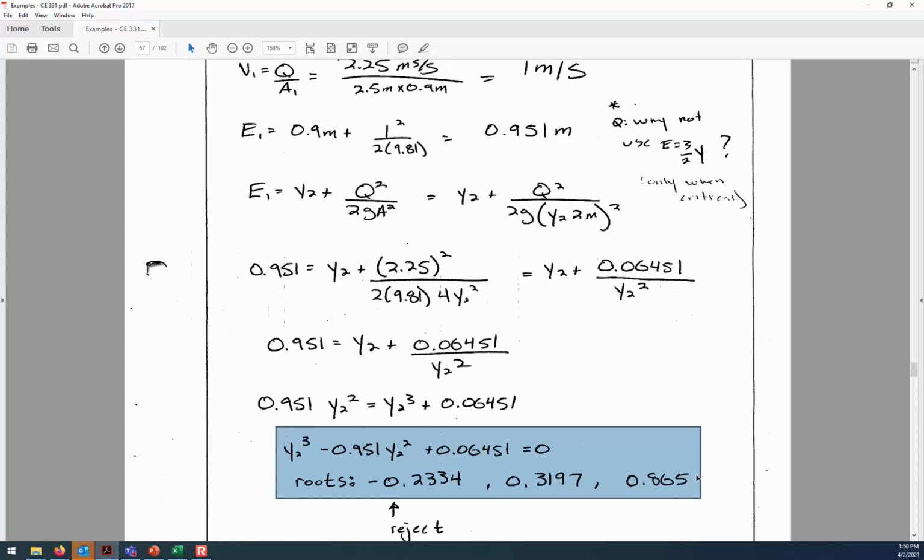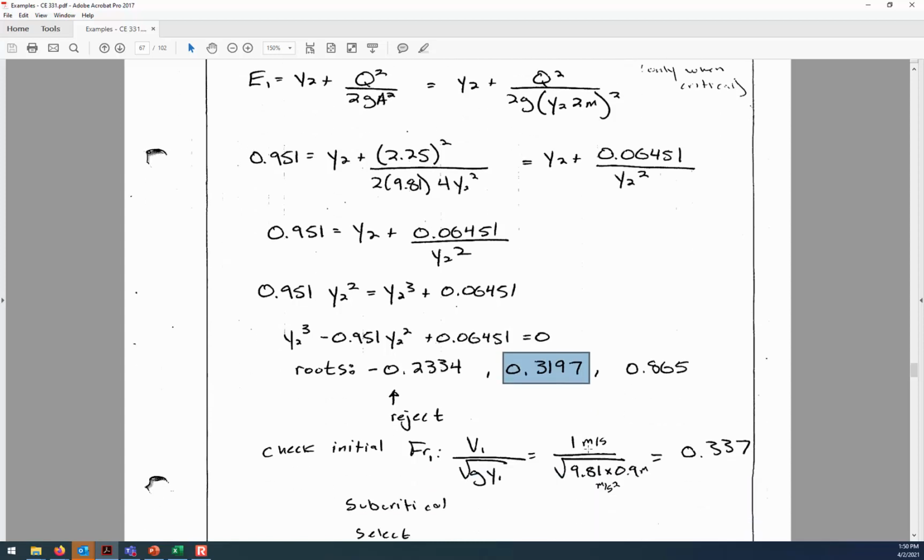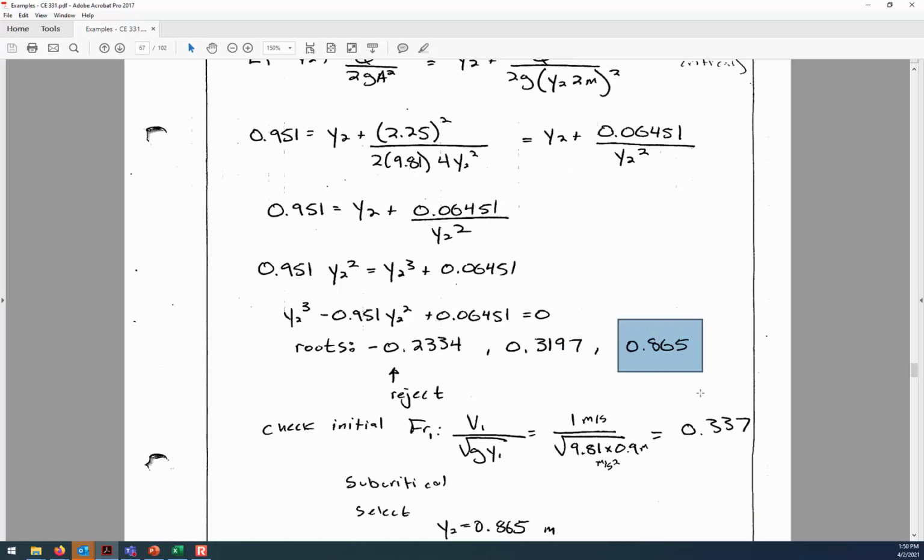We reject the negative root. The supercritical depth doesn't apply because we had subcritical conditions at 1. Remember, by comparing the depth to the critical depth, or we could have checked the Froude number upstream. Either way, it tells us that the new depth is going to be 0.865 meters at the constriction.